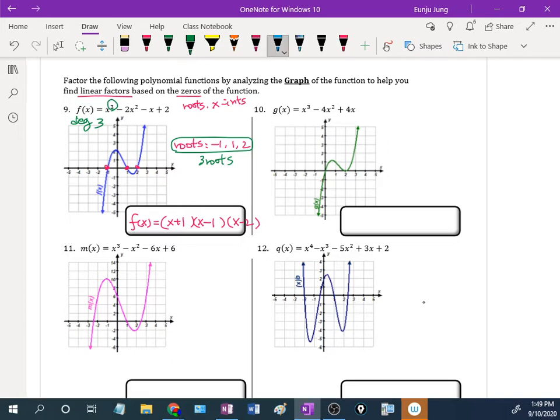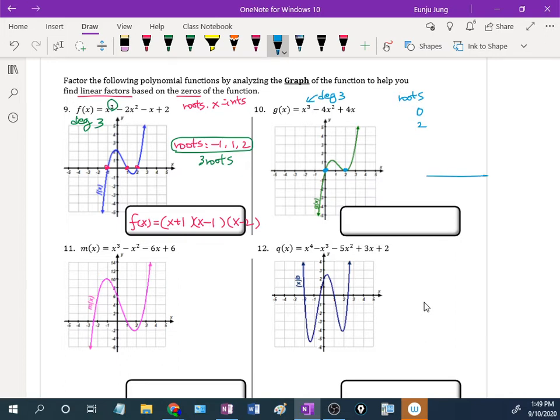Did you find any solutions from x-intercepts? 2 solutions, okay. How many solutions do you expect? 3. Why? Because the degree is 3 and we expect 3 solutions, but we found 0 and 2, right? If the graph is passing through the x-axis, we have multiplicity 1, okay?